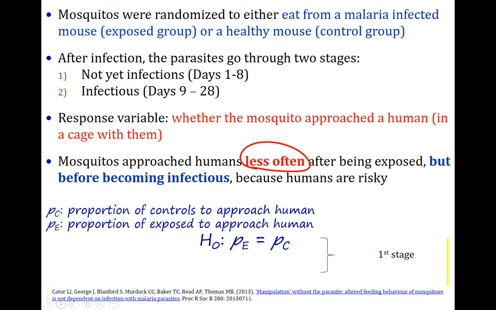There's no difference in human interaction. However, if something is going on, then the exposed will be less than the controls. And we're measuring, again, because it asks for less often.